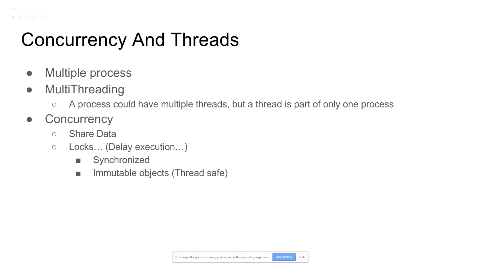Okay, so concurrency happens when you have different threads. I have a thread one and a thread two, and they want to access a common resource. What happens if I have a bill account? In my bill account I have, for example, $1, and process one needs to grab that dollar, and process two also needs to grab that dollar.